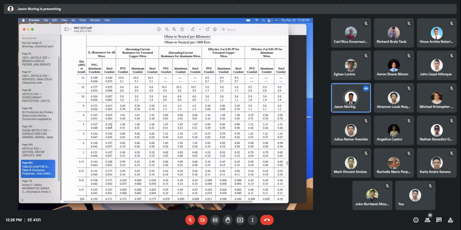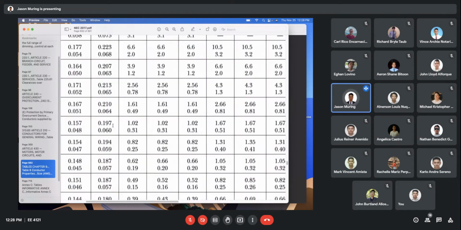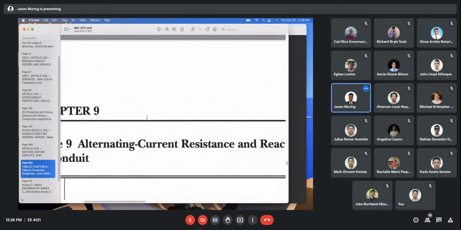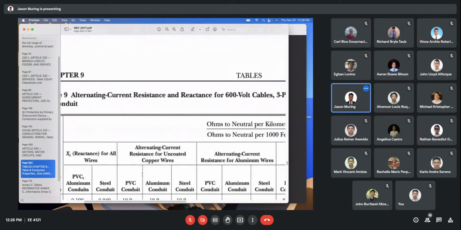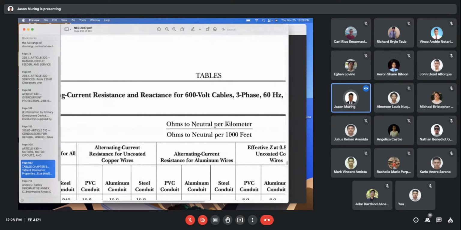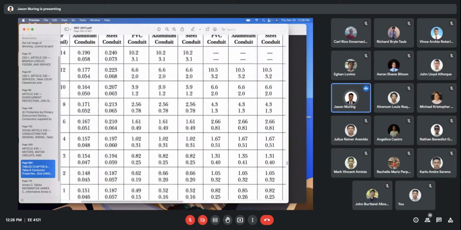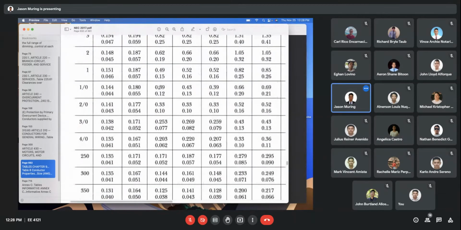The upper value is ohms to neutral per kilometer, and the lower value is ohms to neutral per 1,000 feet.